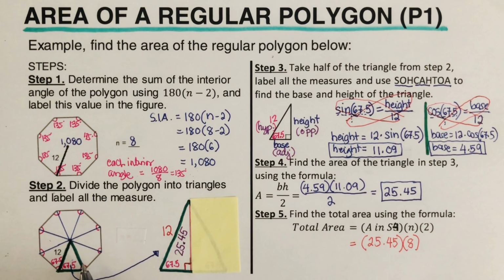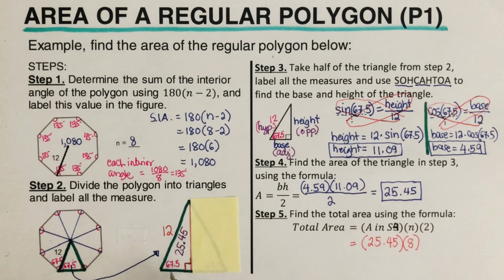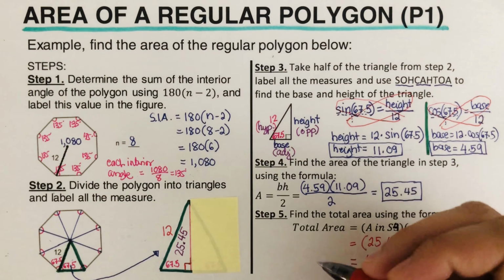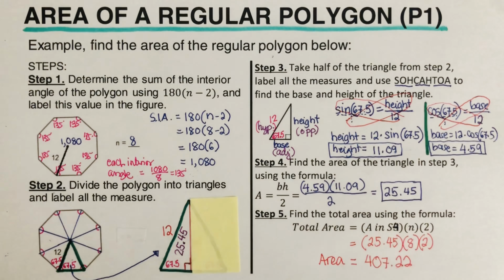Because the one that we solved is just half of the piece of this whole thing, so each of the sides will have 2 of this 25.45. So multiply by 2, and the total area for this polygon would be 407.22 units.